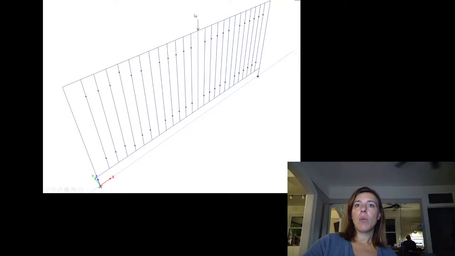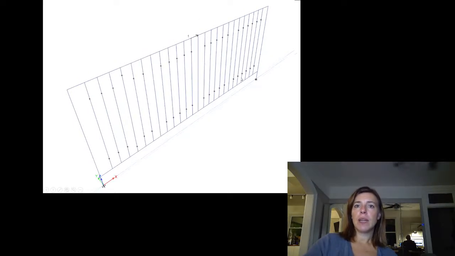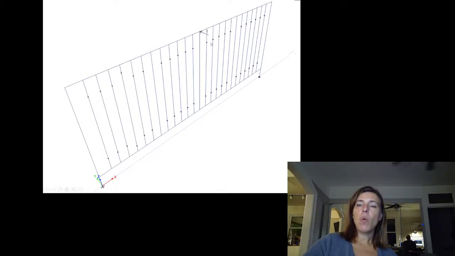And then I wanted to check 1 kilonewton at the midspan, 1 kilonewton impacting here, and then 1 kilonewton at the midpoint of the top rail, because this is bending between our posts, and so we wanted to see that.